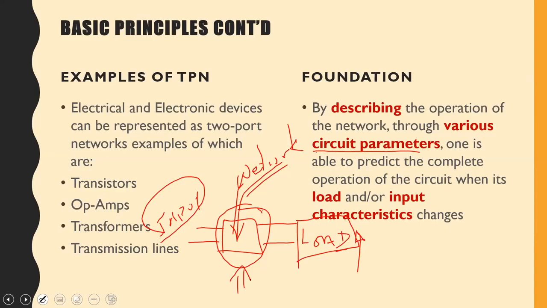So we would have modeled the network, yes? If you want to call it, created a mathematical model for the network. And having that model, I can then speak to the operation of the entire circuit by using that mathematical model in relation to the load and the input.